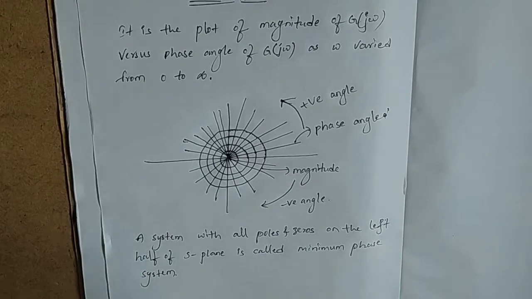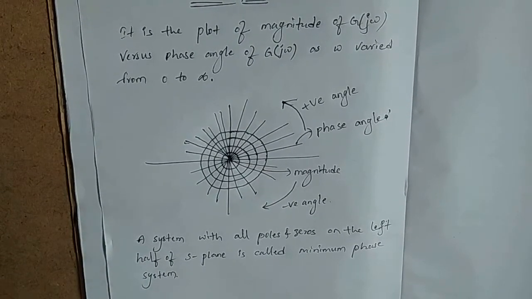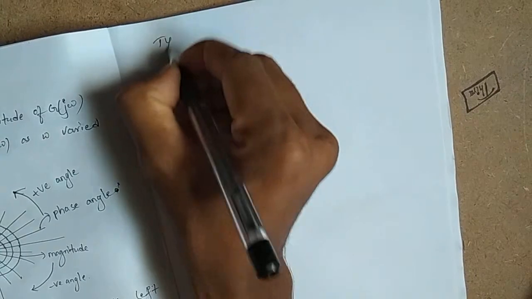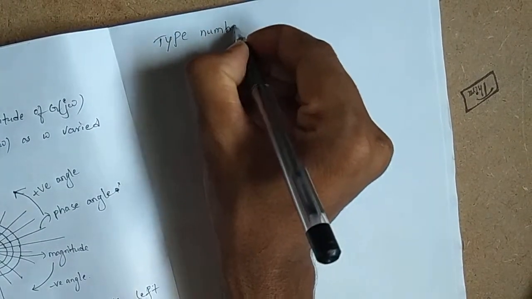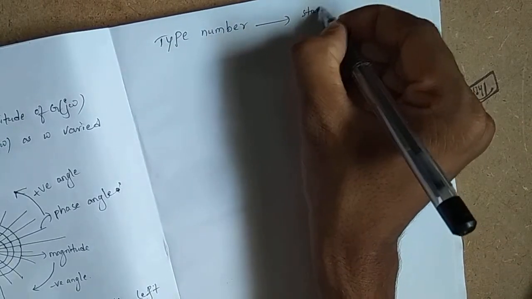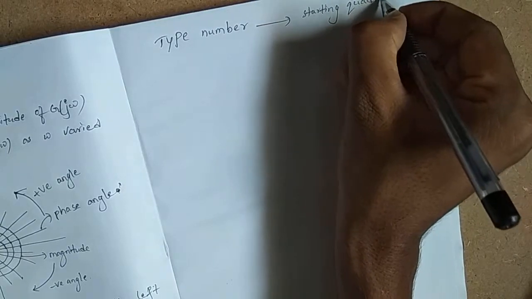For a minimum phase system, the type number determines where the polar plot starts.